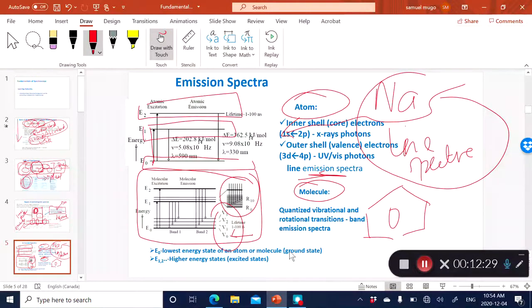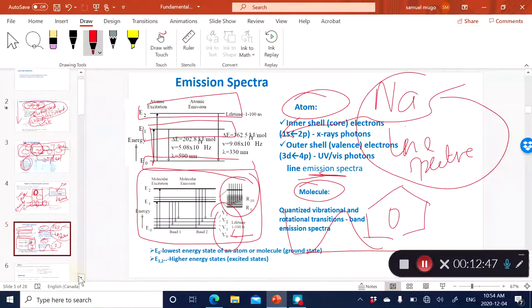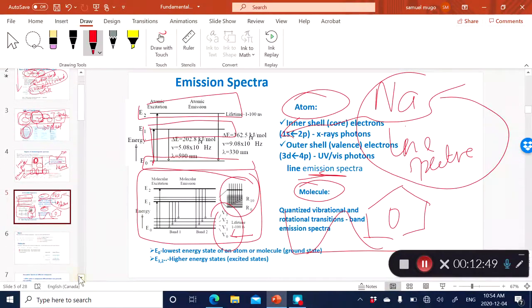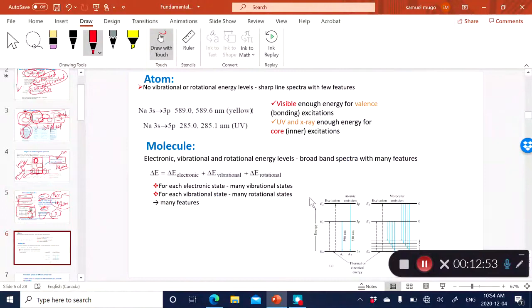And so the spectrum that you get from molecules is not a line spectrum. Instead, it is a band kind of spectrum. The reason is that there are lots of possible transitions because of the presence of rotational, vibrational, and electronic states. And so this slide essentially repeats what I've just said.